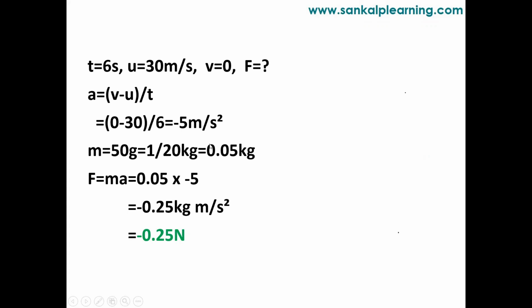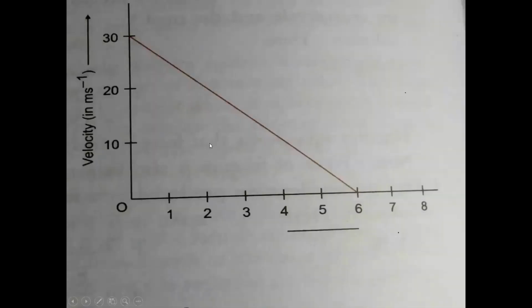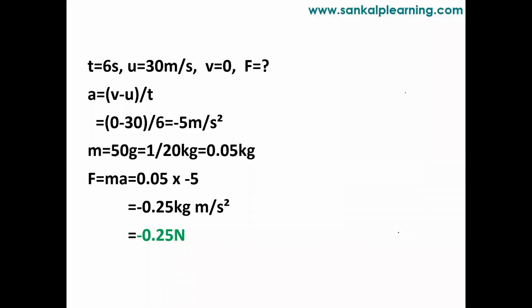So if you observe the graph here, we will see that the body is coming and it is just going to end the motion after 6 seconds. Therefore, the final velocity will be 0 here. So when the final velocity is 0, we need to calculate the force.